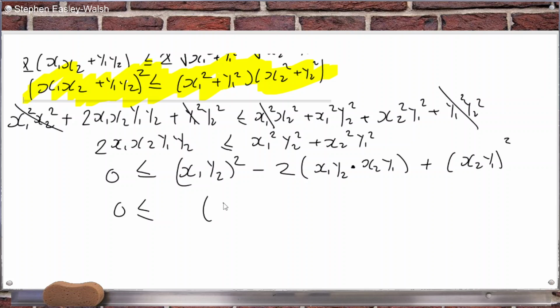That can be written as (X1 Y2 minus X2 Y1) squared, which is obviously true. Whew, that was a long one.